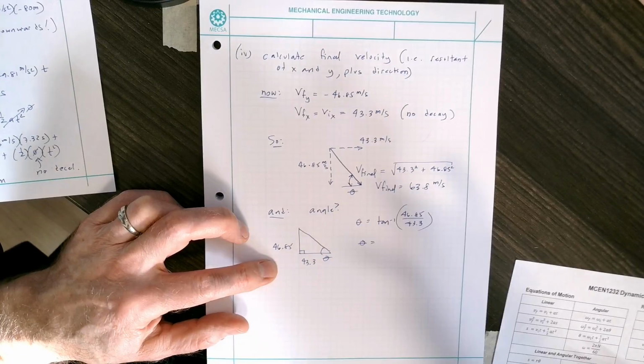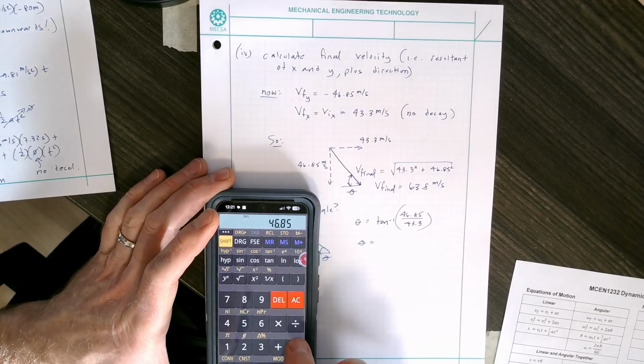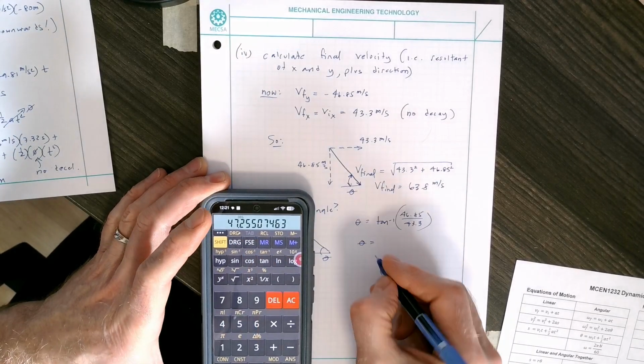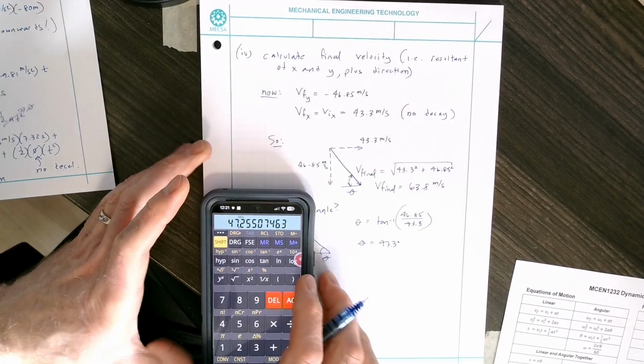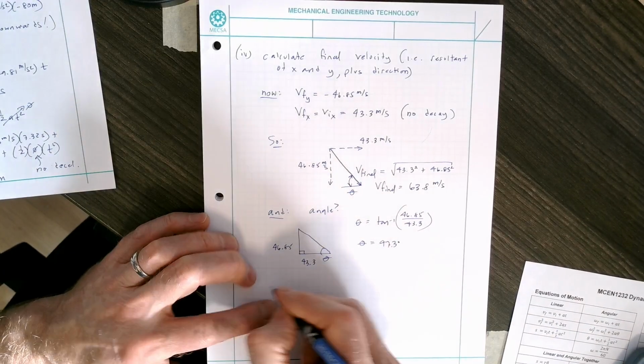Theta equals, okay, 46.85 divided by 43.3 equals, inverse tan, 47.3 degrees. Okay. Make sure you're in degrees, not radians.